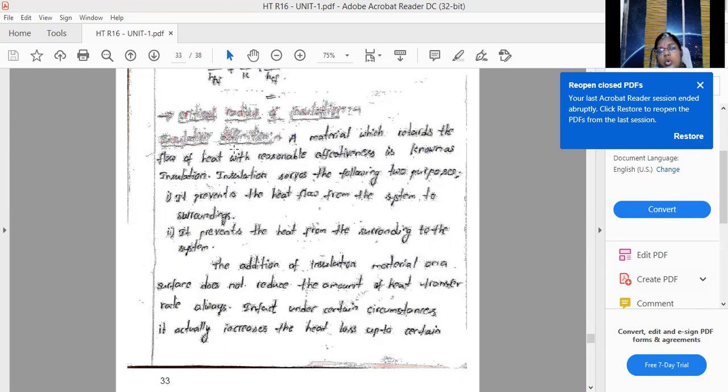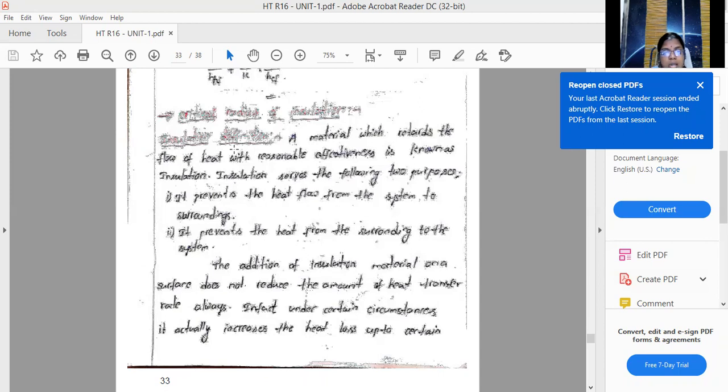The best example I want to give is a thermo flask, where we provide some insulation around the flask. It prevents the heat flow from system to surroundings and surroundings to system. That is the exact meaning of insulation.